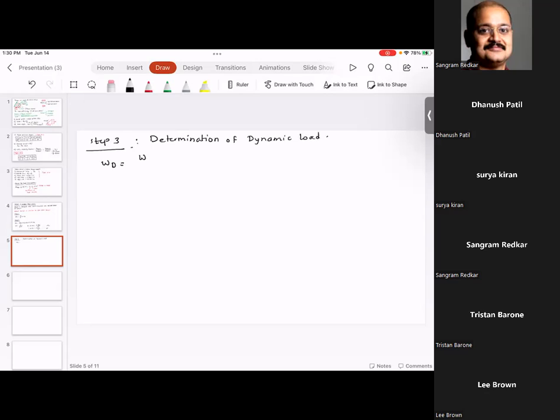WD is equal to WT divided by CV, where CV is equal to 6 divided by 6 plus V. So you don't have to use that long Buckingham equation. You can just find the value of velocity, then the velocity factor CV, and then you can get the value of WD.